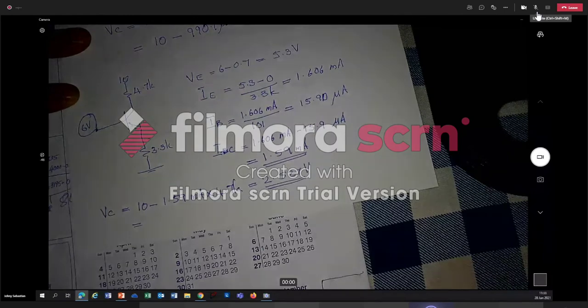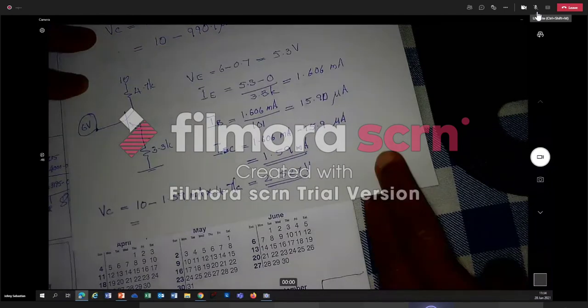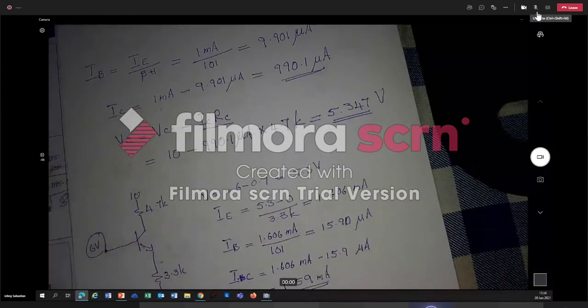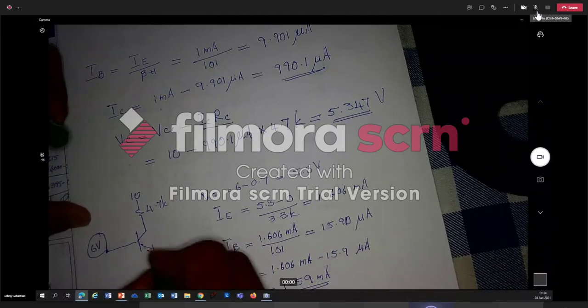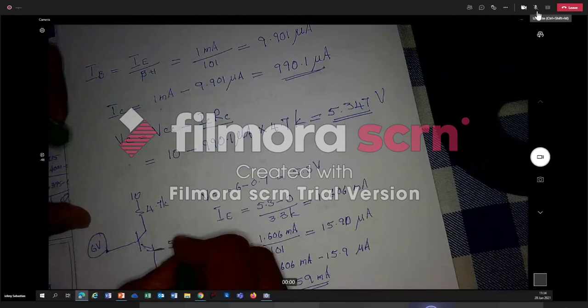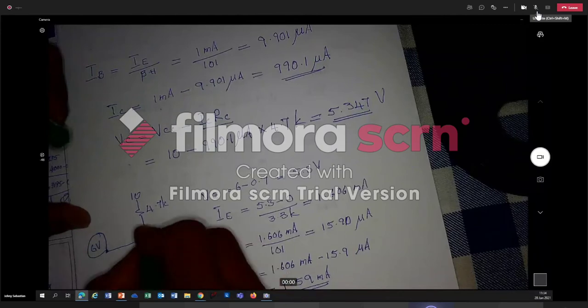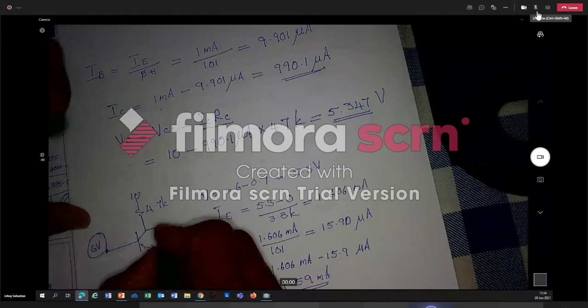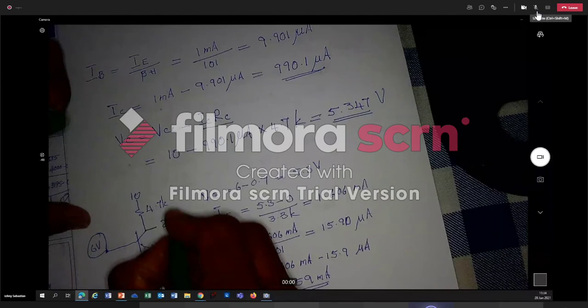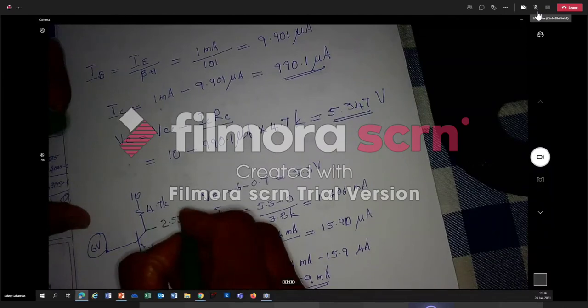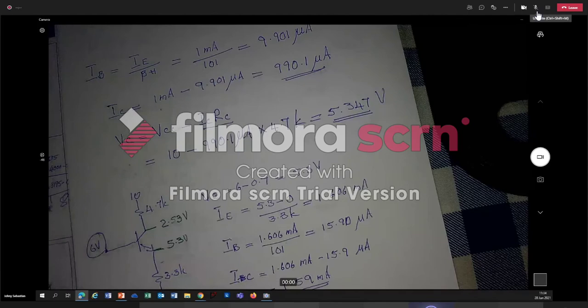Now we need to go back and verify what is voltage at the emitter. Voltage at the emitter was 5.3 volt. What about the voltage at the collector? 2.53. Do you see any problem?